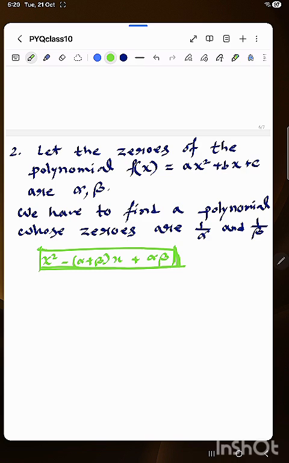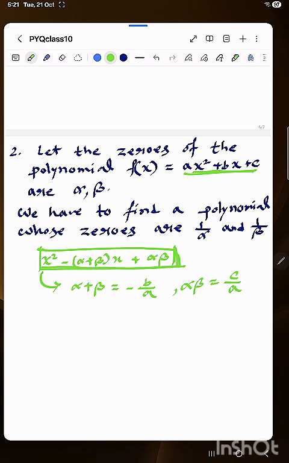But here, from that we got the relation that the sum of any two roots is equal to minus b by a. If it is the standard quadratic polynomial, so alpha plus beta equal to minus b by a, you can recall this formula, and also alpha into beta equal to c by a.